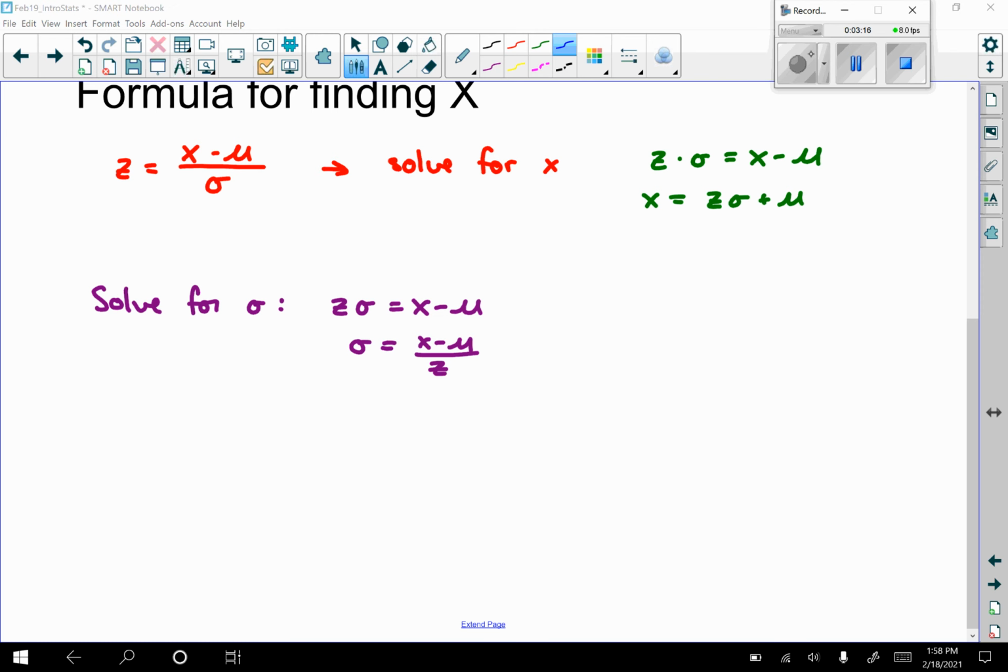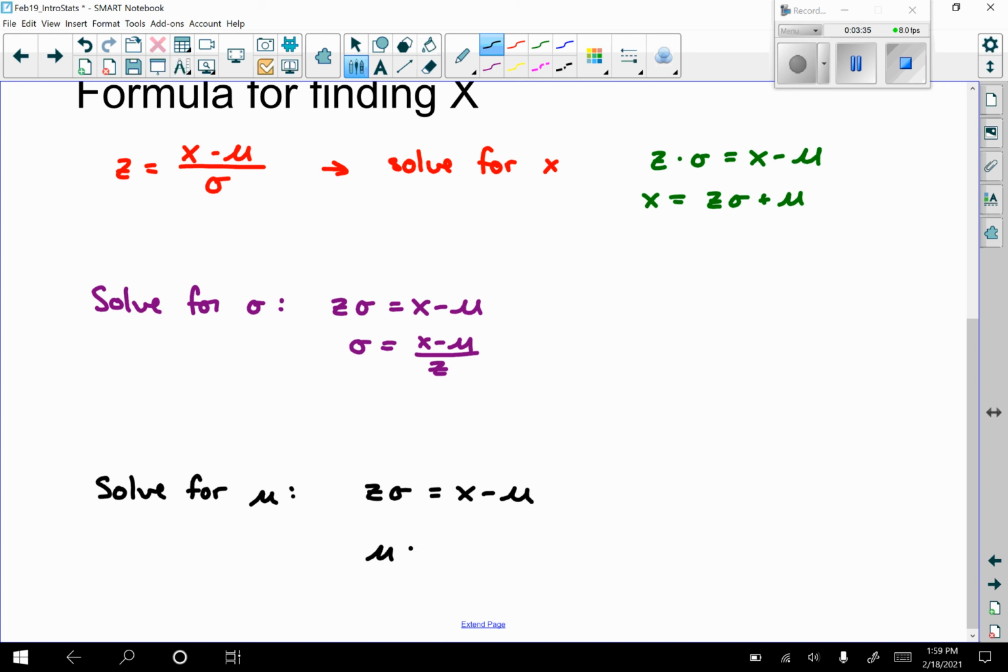And then let's say we wanted to solve for mu. Again, I would multiply both sides by the standard deviation. Then I could add mu, and then subtract z times the standard deviation.